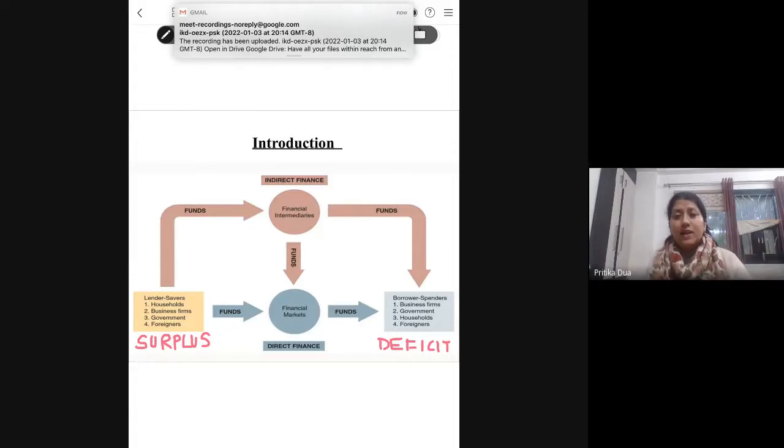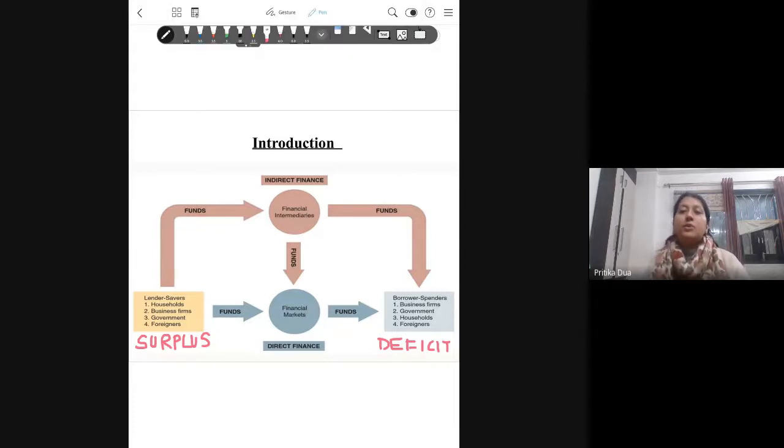So, direct or indirect movement, the term financial system is a system that is concerned with this mobilization of funds, mobilization of the savings of public, government institutions, and providing these necessary funds to the deficit units in order to enable the production of goods, provision of services in the economy.